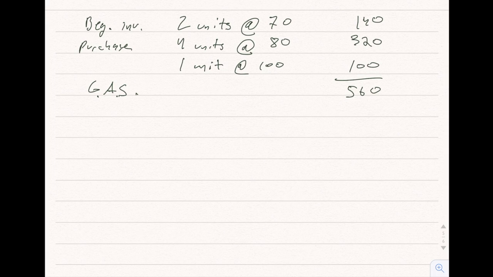So if you sold 4 units, there's no need to break it up to figure out which units are valued at what for the purposes of cost of goods sold. There's no need for that because you already know it's just going to be 80. So cost of goods sold is going to be 320, and that means that the ending balance of inventory is 240.